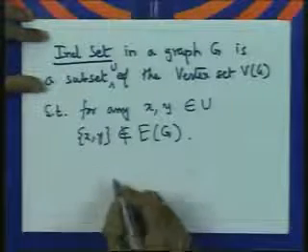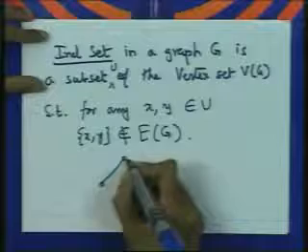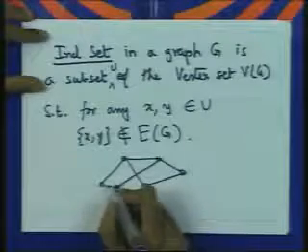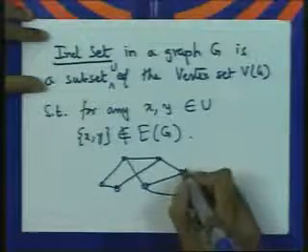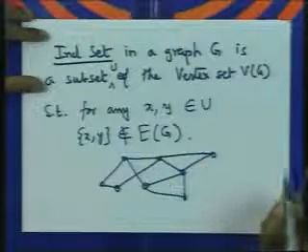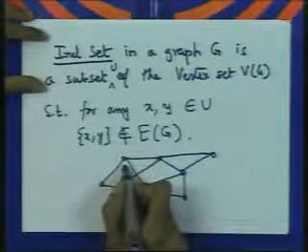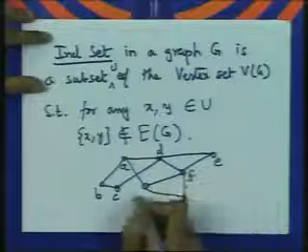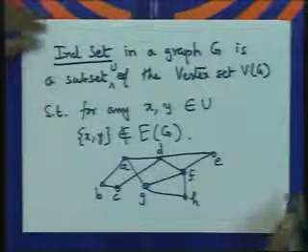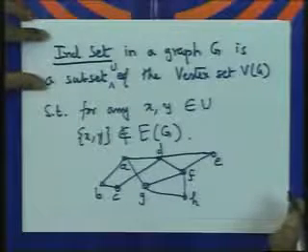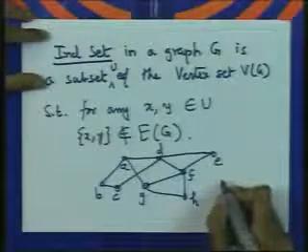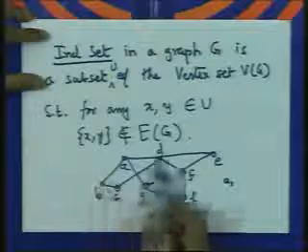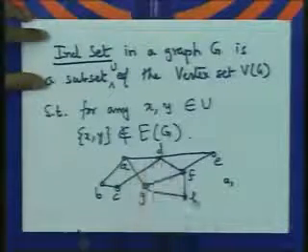So let's take an example. Suppose this is a graph. Well, that's complicated enough. Let me give them some labels: A, B, C, D, E, F, G, H. If I look at this graph, one independent set could be A. If I put A in the independent set, then B and D cannot be part of the independent set because there's an edge between them.